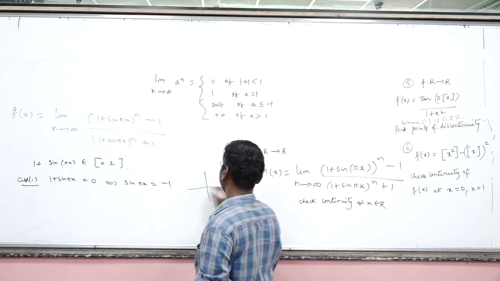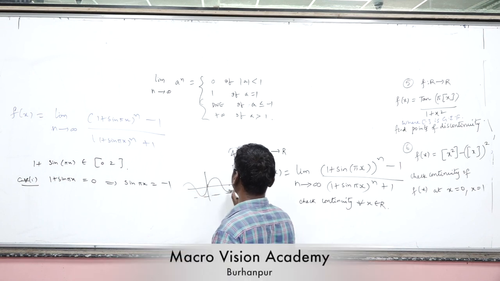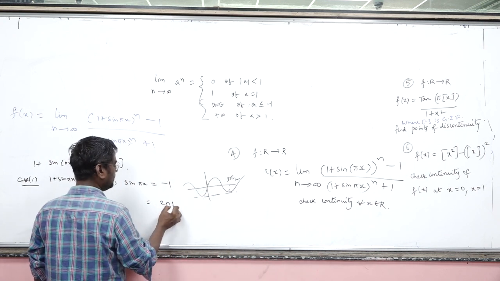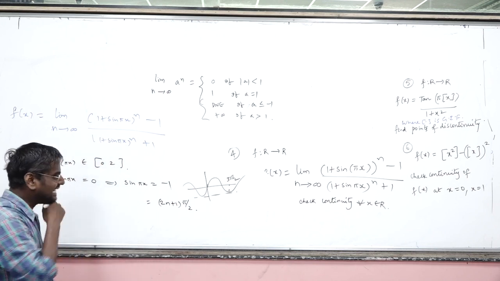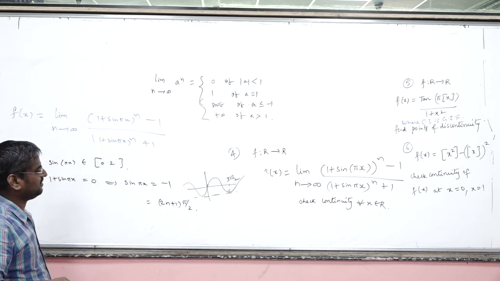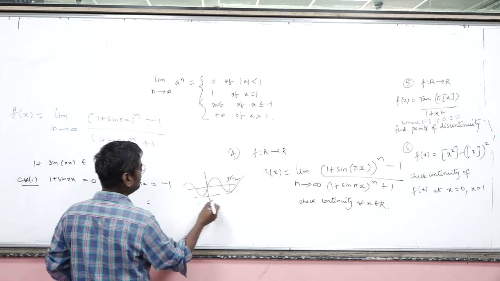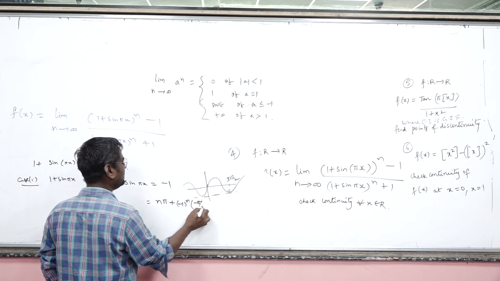So as you can see in the graph, this is like 3 pi by 2. So an odd multiple of pi by 2, (2n plus 1) pi by 2. Better you write this as a general solution: n pi plus (minus 1) whole power n into minus pi by 2.